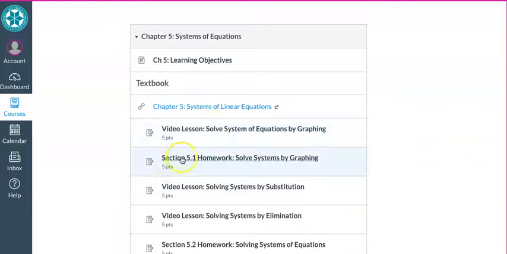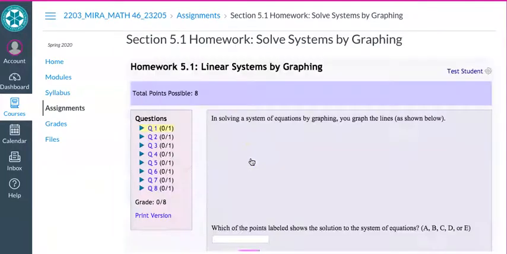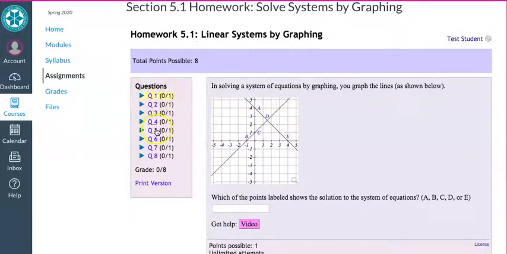So here is the section 5.1 homework, solve systems by graphing. You would click on this, and then you will get a few questions. This is your homework. Again, you are not doing homework on the PDF sheets that you've done before. You're going to do it directly in Canvas like this.